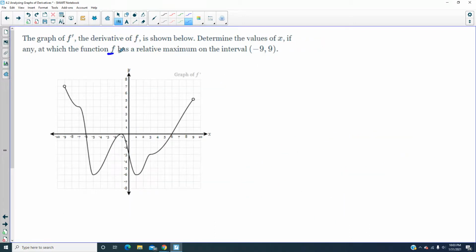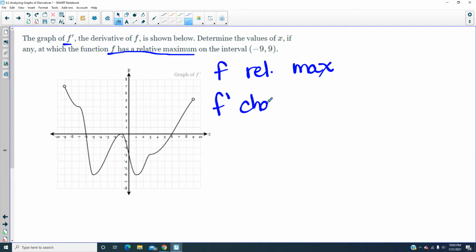Now I want to know where f has a relative maximum, but I'm given the graph of f prime. So I'll refer back to my chart. F has a relative maximum when f prime changes from positive to negative.